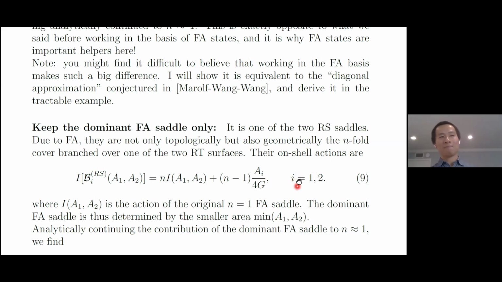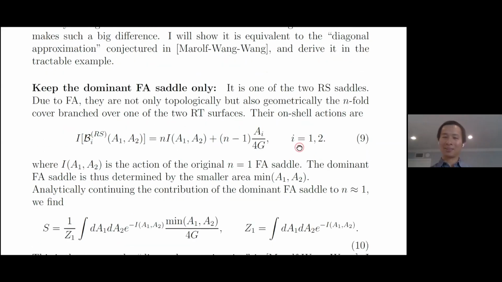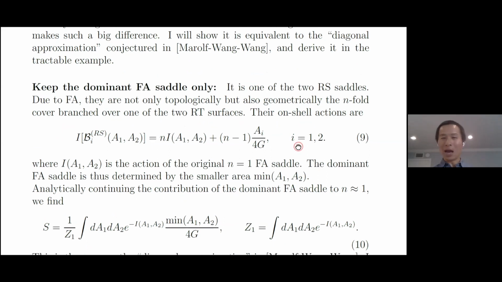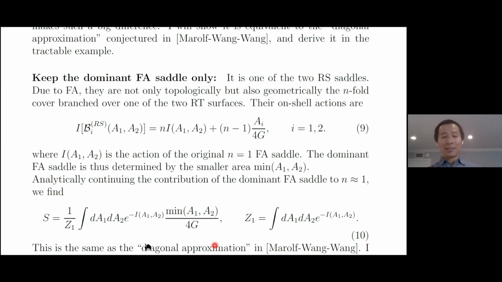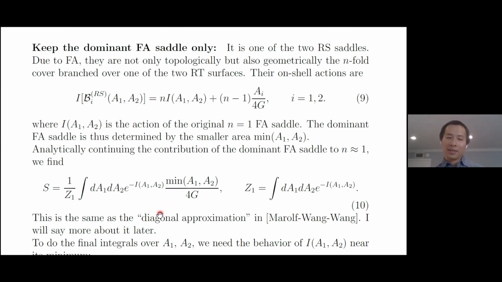After some trivial steps, we can take the analytic continuation n goes to 1 because everything is explicit. We will find that the von Neumann entropy is given by this expression. Here we are still doing the integral over A1, A2. We're taking the minimum of A1, A2 divided by 4G, and it's going to be weighted by e to the minus the action of the original fixed area saddle, and Z1 is simply the normalization factor.